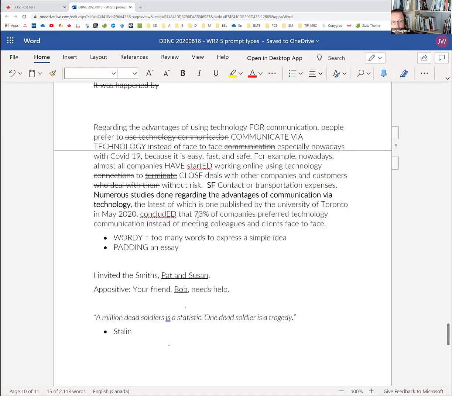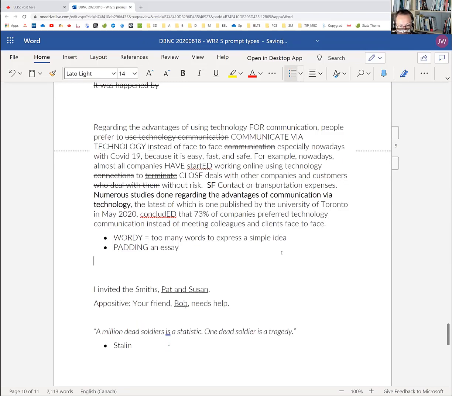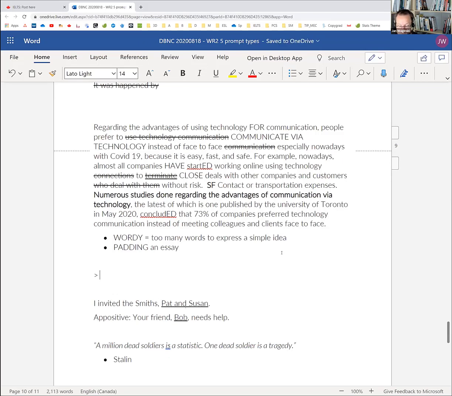The example brings the evidence to life. So for you, evidence leads to example. And then at the end, a significant statement.